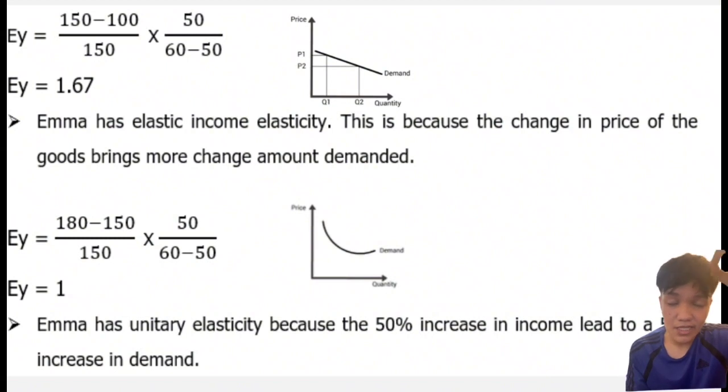This is because the change in price of the goods brings more change in quantity demanded. Next one is also different. Emma has unitary elasticity because the 50% increase in income leads to a 50% increase in demand.